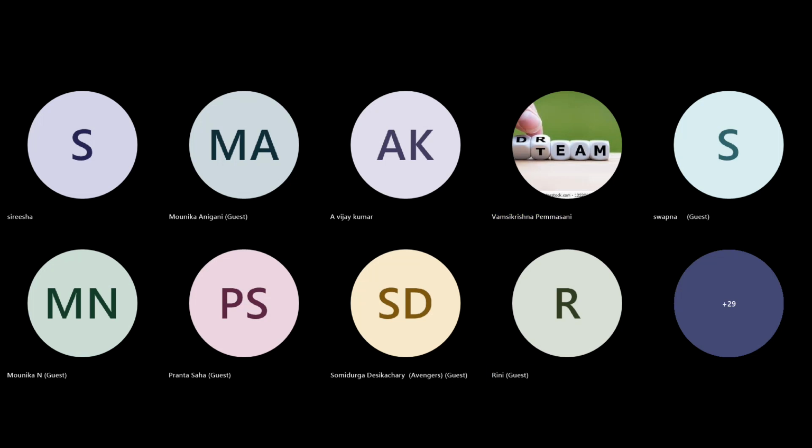So why are we using nested for loops? Who knows when we are going to use a nested for loop? Or can anyone explain when we are going to use a nested for loop?